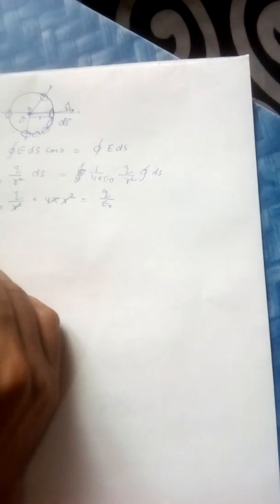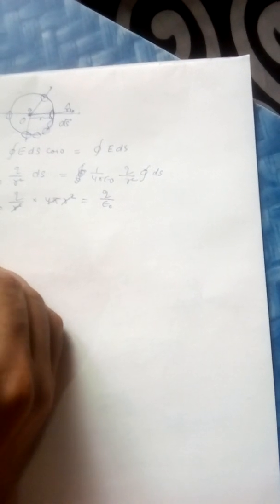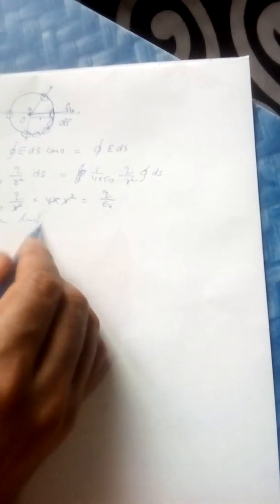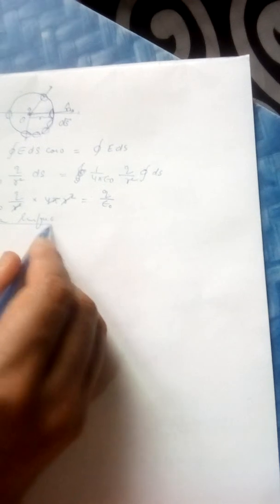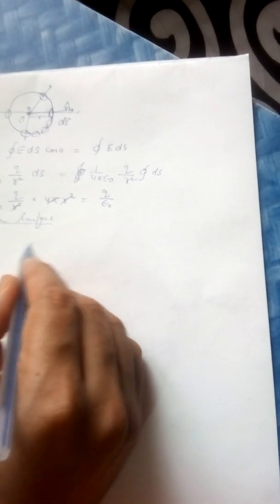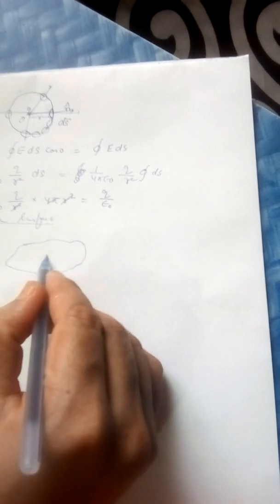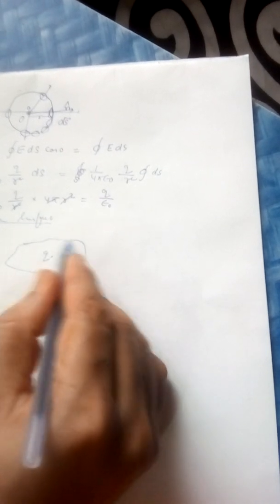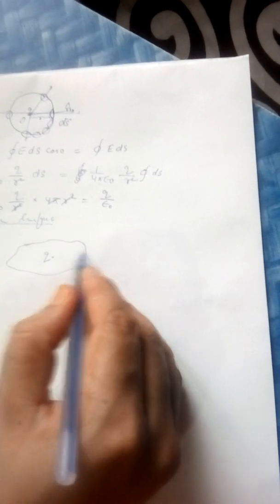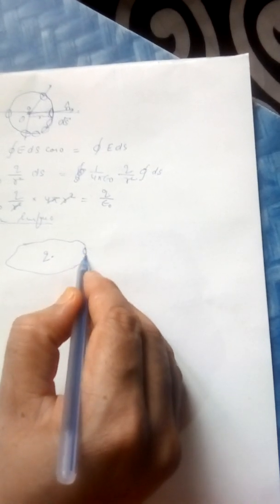Now if we are not taking a regular closed surface, suppose we are taking an irregular closed surface, the result will be the same. Here we will use the concept of solid angle. Suppose any charge is q and we have not taken a regular surface, we have taken an irregular surface. Take a very small element ds.